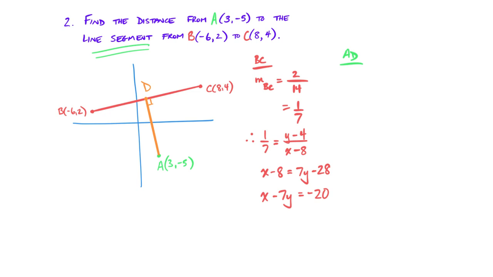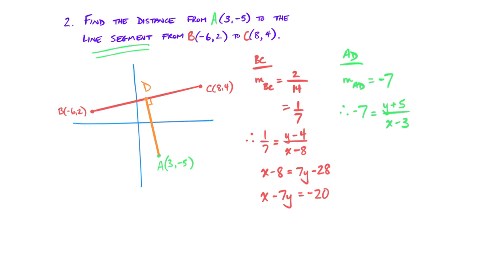So I know that the slope of AD has to be the negative reciprocal of 1/7, or -7. I need slope and a point. I have the coordinates of point A, so I'm going to use my slope of -7 and my coordinate of point A, and I'm going to sub those into my slope coordinate formula.